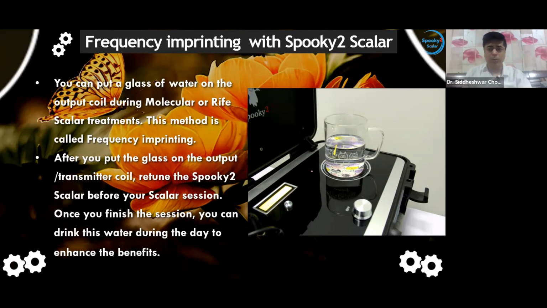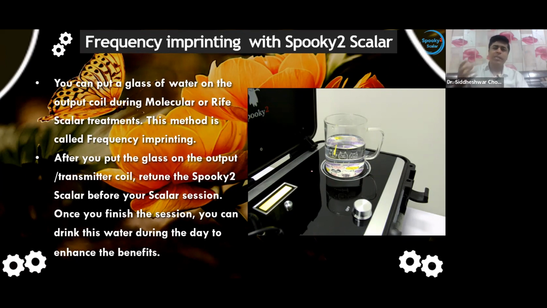Do not put anything which contains lead, right? So have the glassware which is lead free. It is always good to do that. You can put a glass of water over the output coil, and then you can transmit any frequencies through the Spooky2 scalar and drink that water after the session. So it's very fast and very powerful frequency imprinting you are doing there.